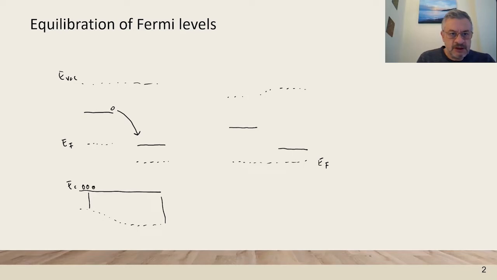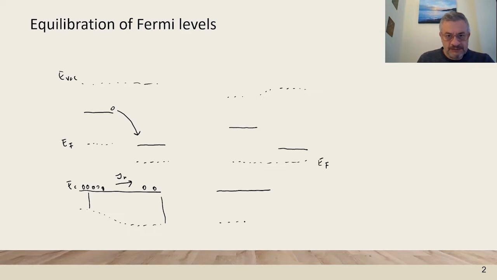So here there will be a lot of electrons, and here there are fewer electrons because the Fermi level is deeper, so that then a diffusion force is induced and there will be a flow of electrons from the high concentration to the low concentration, and this is indicated by the gradient of the Fermi level.